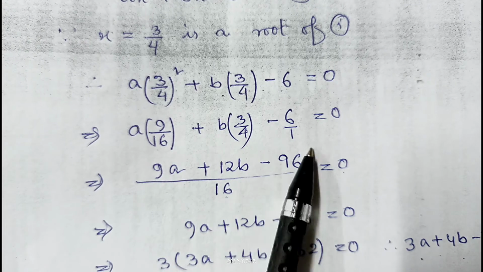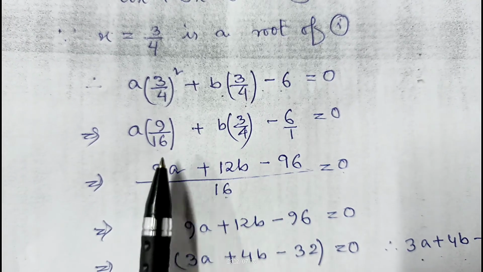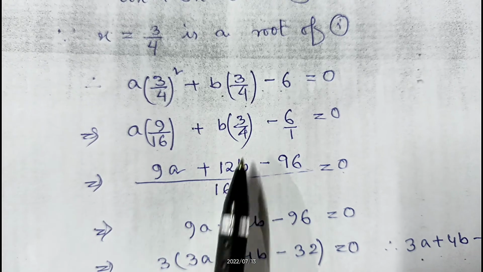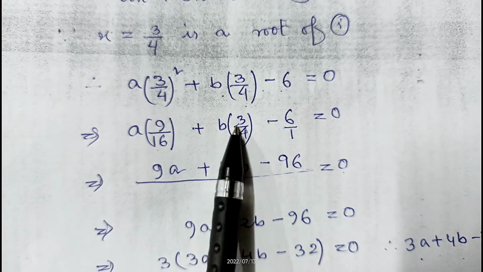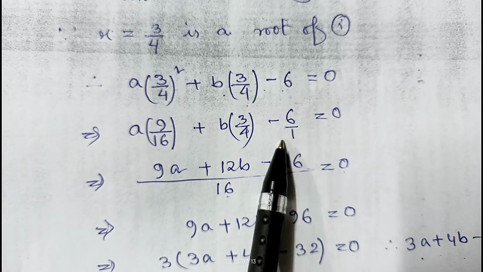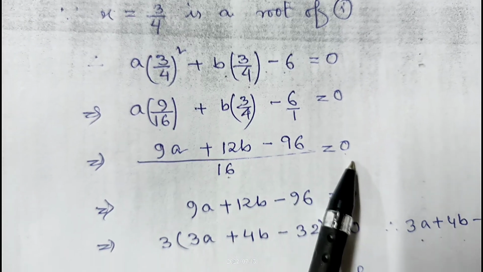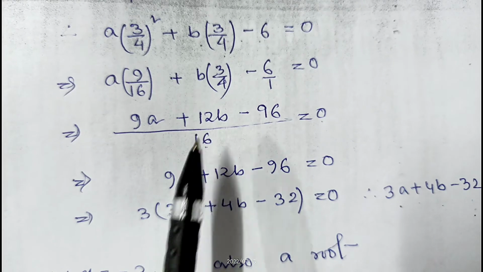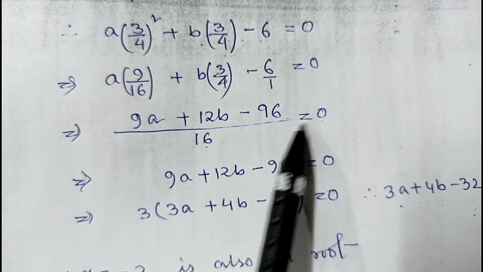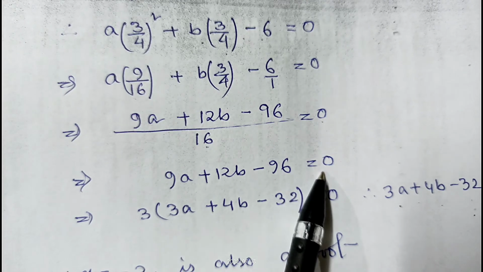LCM of 16, 4 and 1 will be 16. 16 by 16, 1. It will be 9a plus 16 divided by 4 is 4, 3 4s are 12b, minus 16 by 1 is 16, 16 into 6, 96 equals to 0. So it will be 9a plus 12b minus 96 equals to 16 into 0. If I cross multiply, it will become 0.